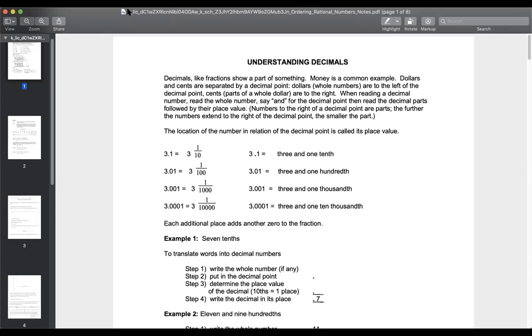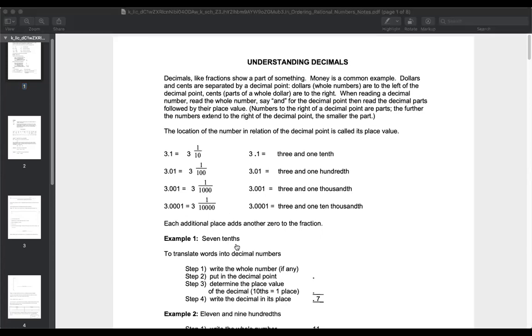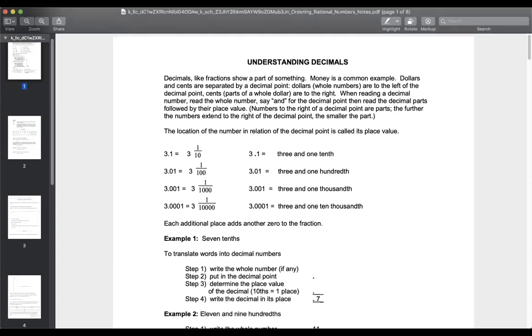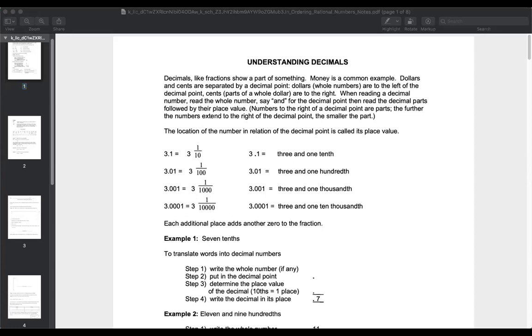Hey, Mr. G, are these the notes you're talking about right here? Yes, they should say understanding decimals. That's the first page. I should have this paper in my folder. Also, I should have this in my week 4 folder, this paper you have up?